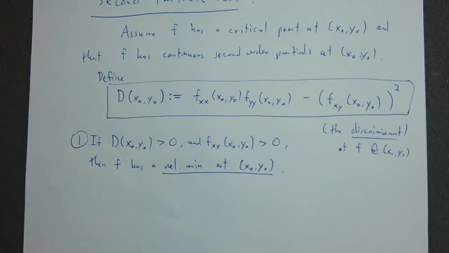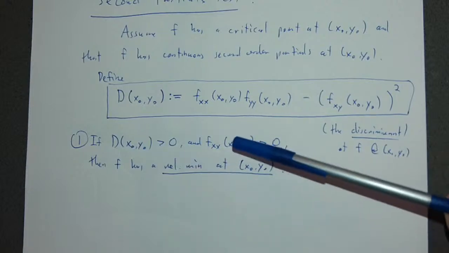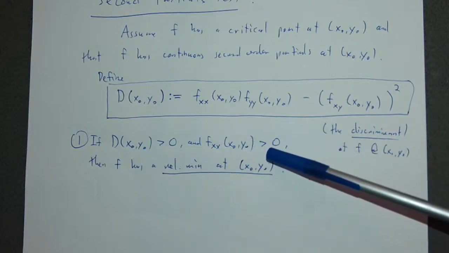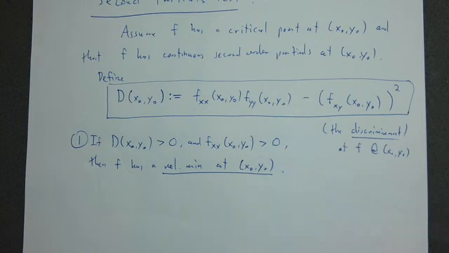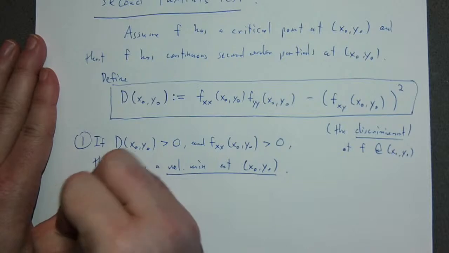We'll talk about in a second how you can also use the double y partial here. And before you even say anything, you're going to say, what if the discriminant is positive and the double x partial is like 0 here, right, instead of being positive? And I'll talk about that in a second. Okay, it turns out that can't happen.